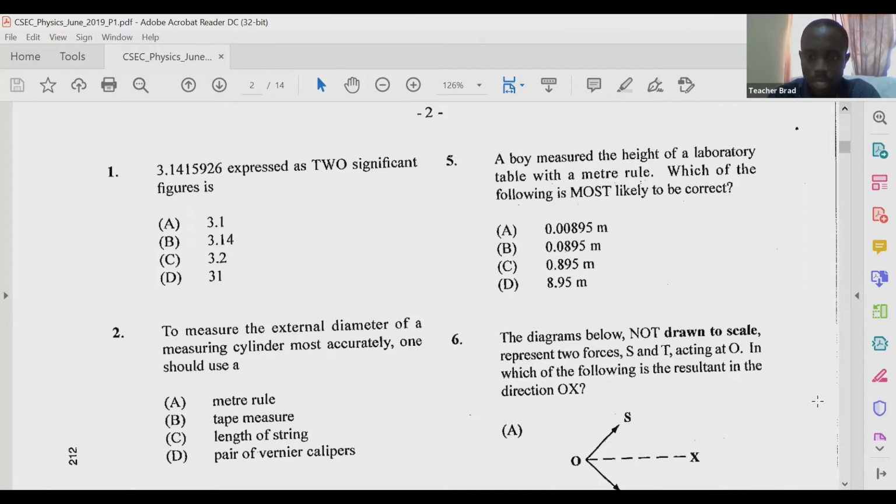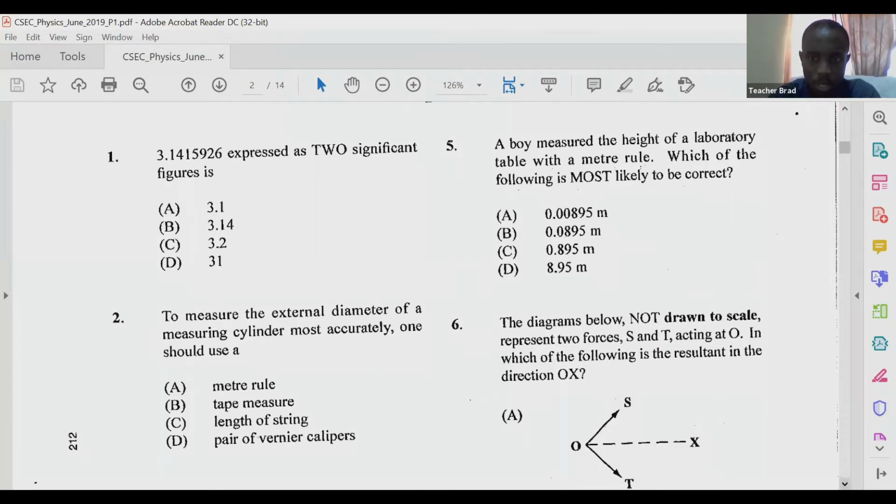So which of the following, and they capitalize most likely to be correct. So a laboratory table, most times it doesn't even reach a meter height. And the fact that they're using a meter rule to measure it, again, it will typically be a little bit less than a meter, or probably a meter in height. That's the typical height for a laboratory table.